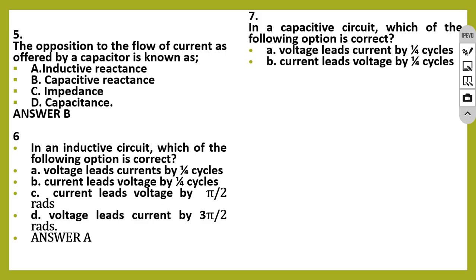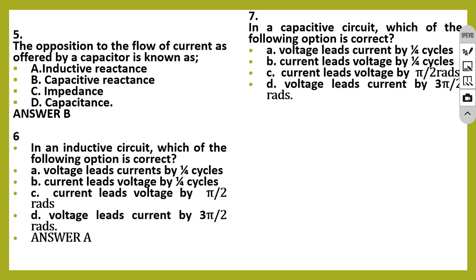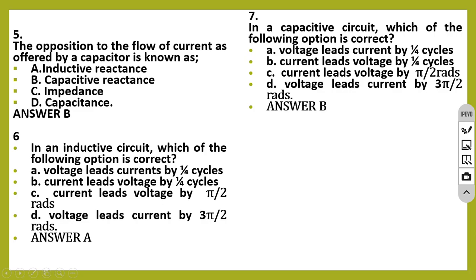Current leads voltage by 1/4 cycles. Current leads voltage by pi/2 radians. And voltage leads current by 3 pi/2 radians. The correct answer here is B. Current leads voltage by 1/4 cycles.